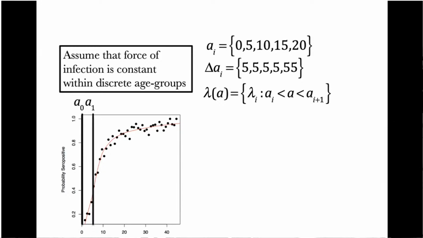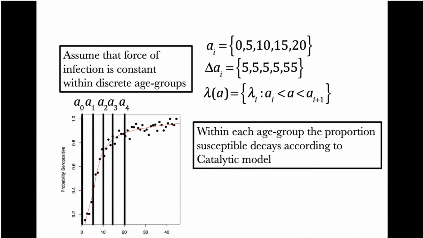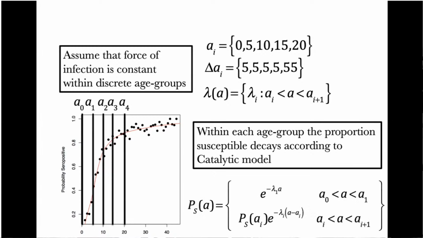So you will divide the time points into small chunks for which you think the force of infection within each is constant, and then use the properties of the catalytic model in each of those spaces, because within each of those spaces the force of infection is constant.